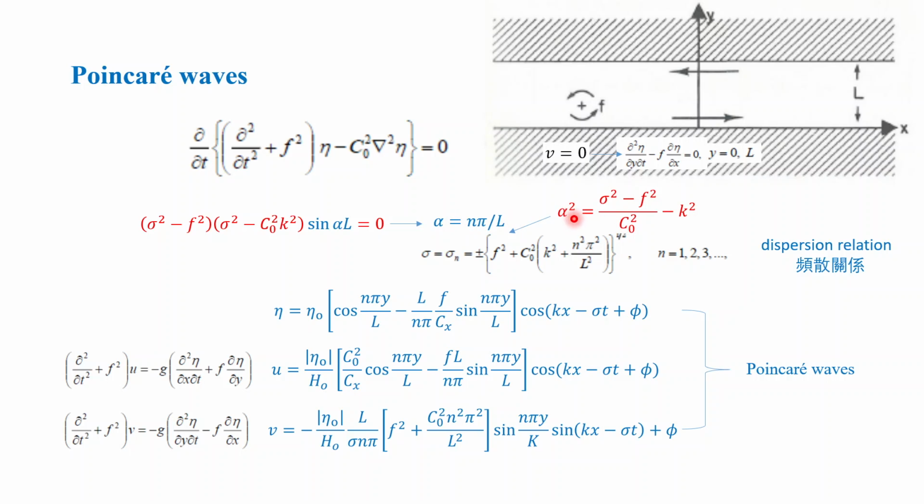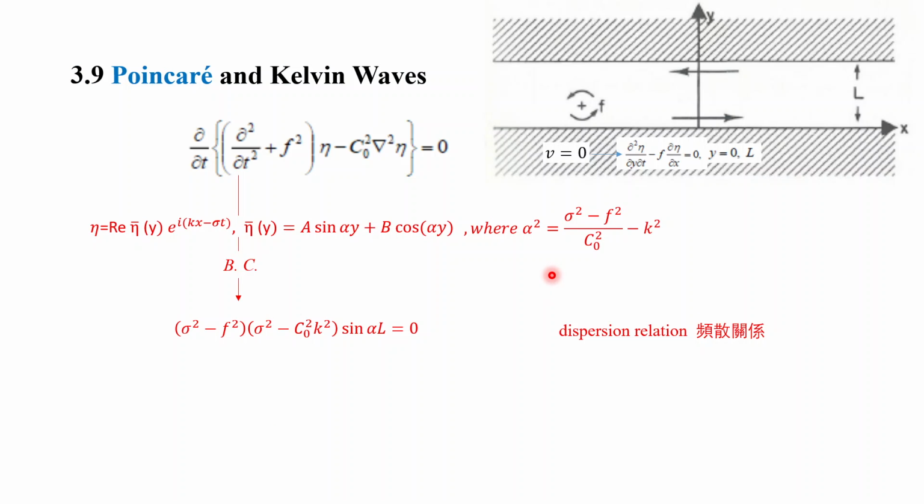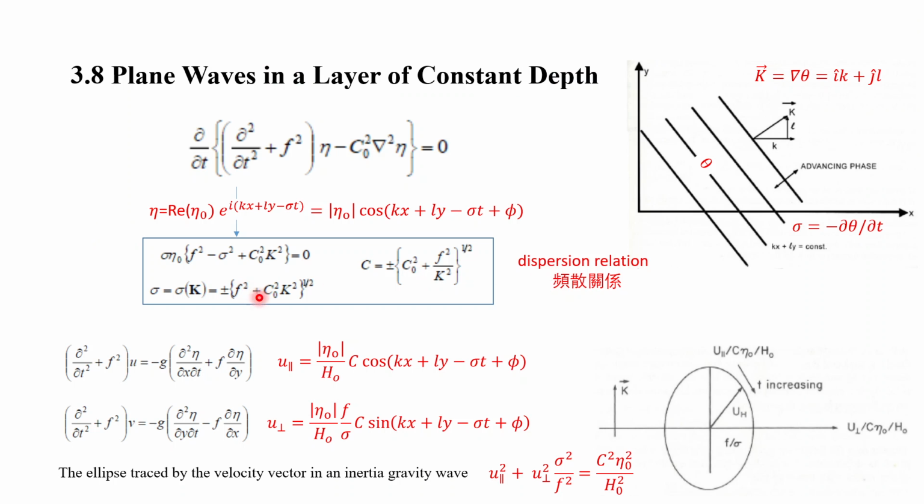So for alpha equal to n pi over L, the previous dispersion relation becomes this. If you compare with the previous differential equation, it is the same as this differential equation.